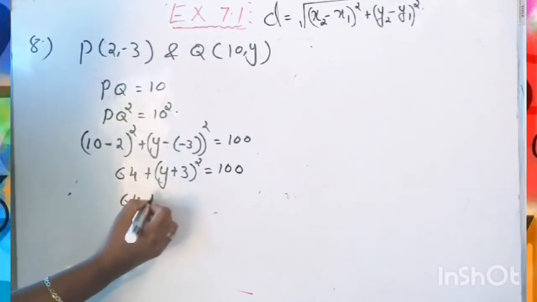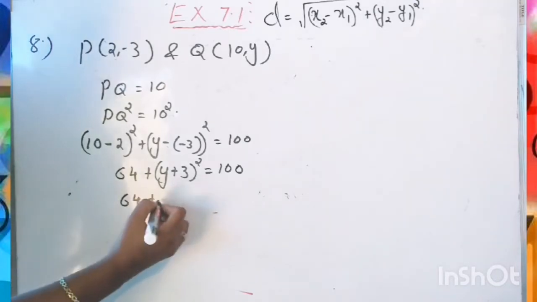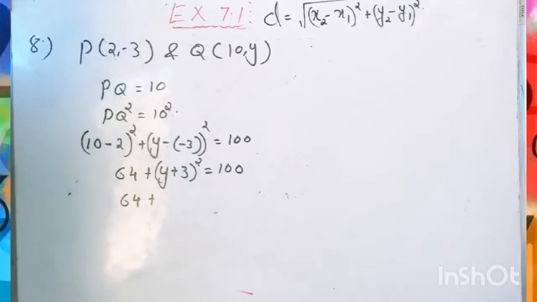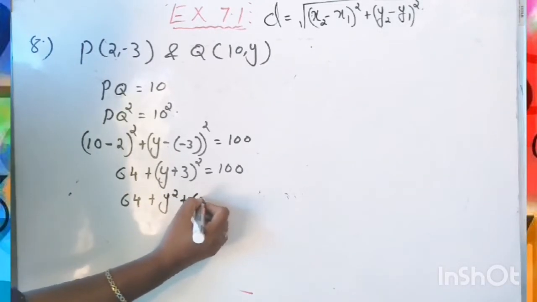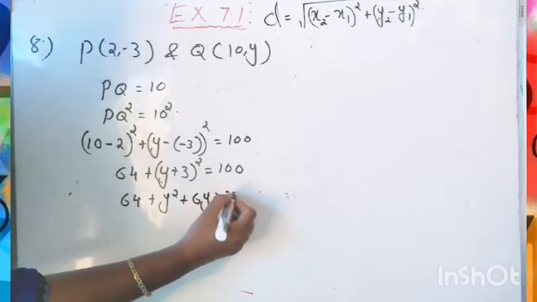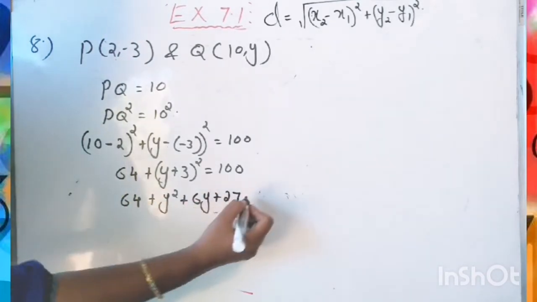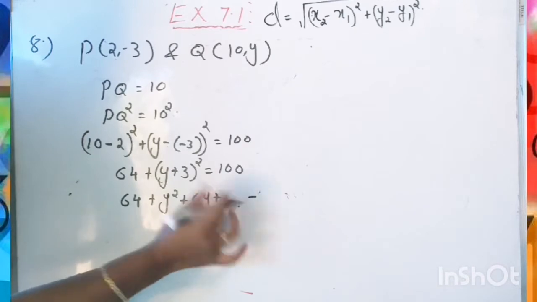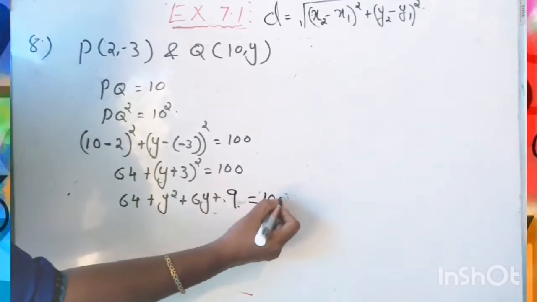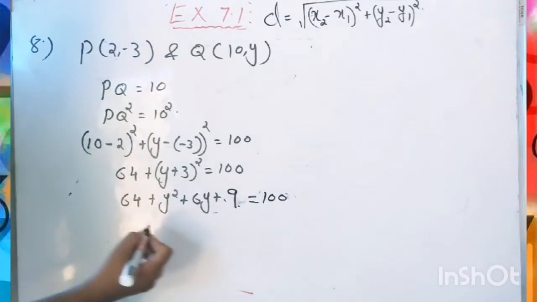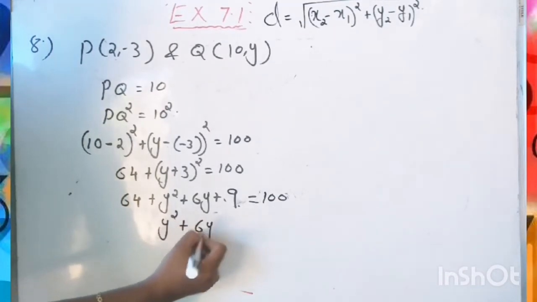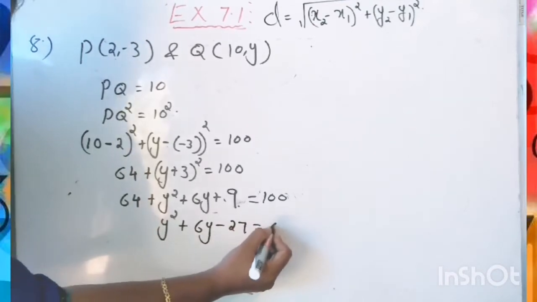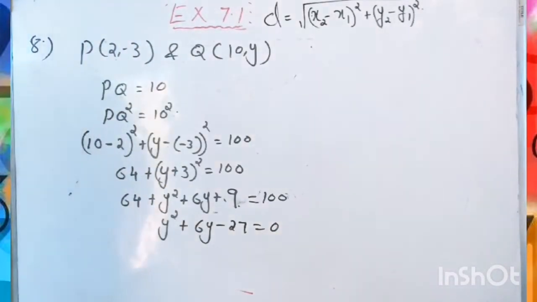That is 64 plus, open this y plus 3 all square by using a plus b all square. That is y square plus 6y plus 9 is equal to 100. That is y square plus 6y minus 27 is equal to 0.